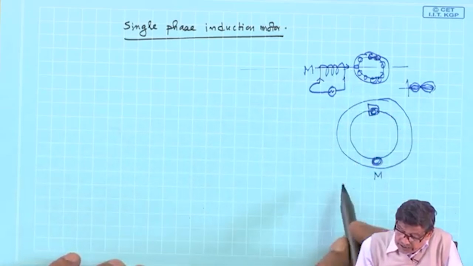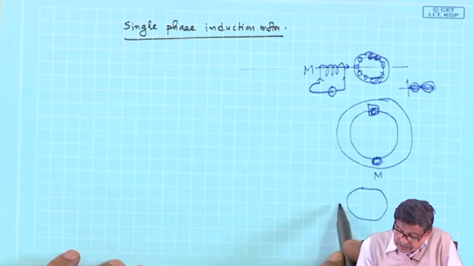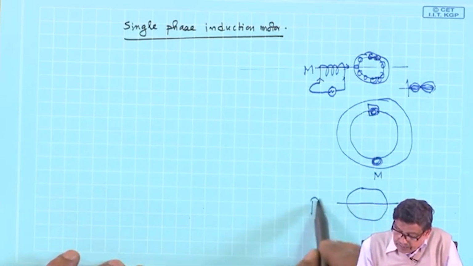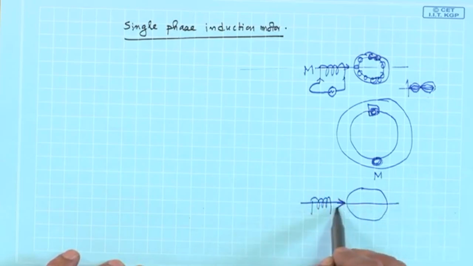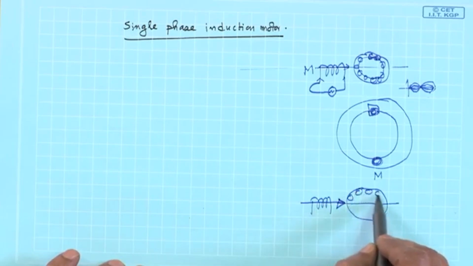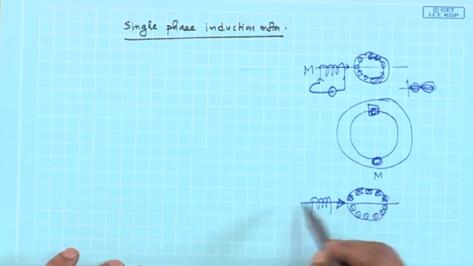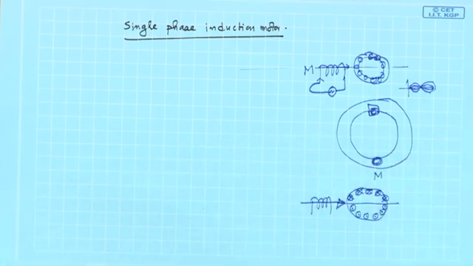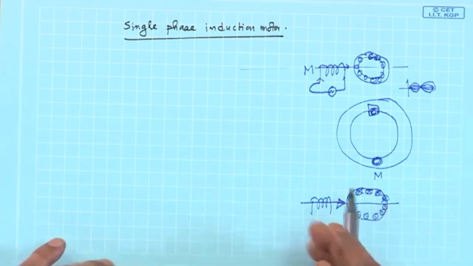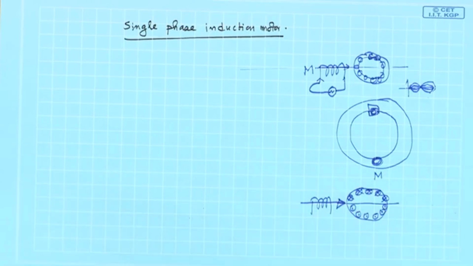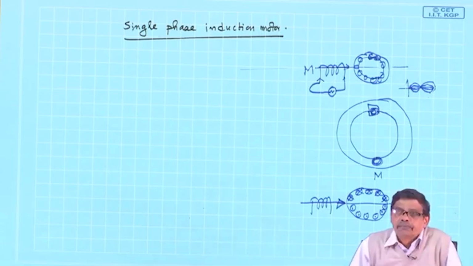If at any time this flux is in this way, rotor currents will be cross, cross, cross, other things will be dot, dot, dot. Following Lenz's law, it will try to oppose this, there will also be a rotor field. But can these two produce a torque? No, because the rotor field and stator field are acting along the same direction.